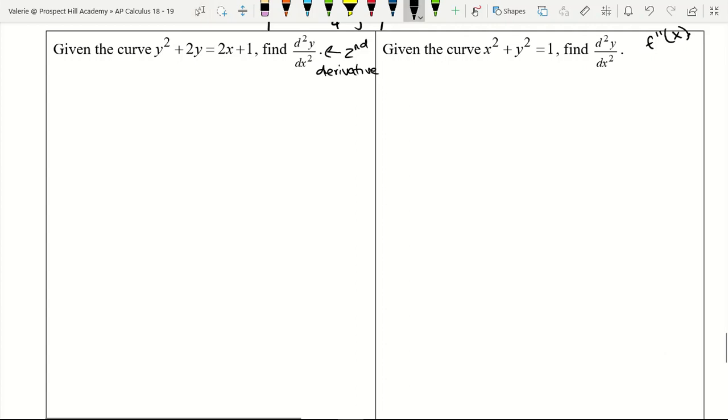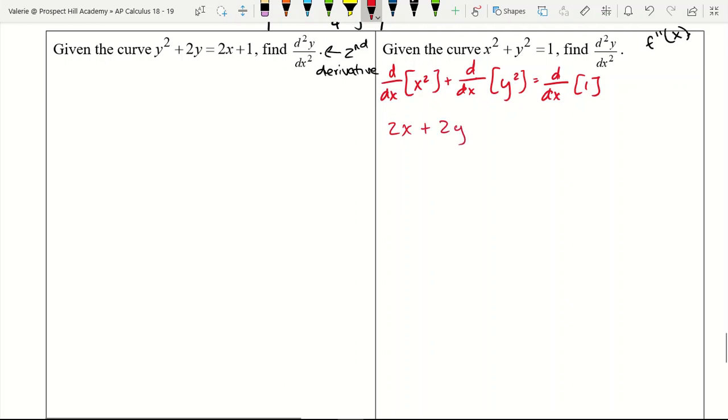So we want d/dx of x squared plus d/dx of y squared equals d/dx of 1. So the derivative of x squared we know is 2x. The derivative of y squared is 2y, but since we're in terms of x, we need dy/dx. And the derivative of 1 is 0.